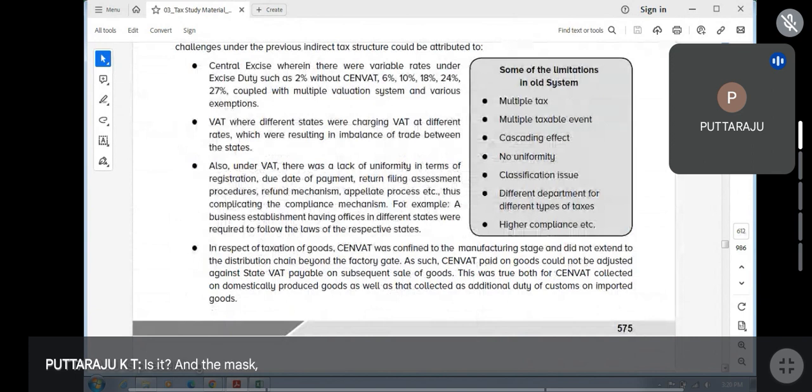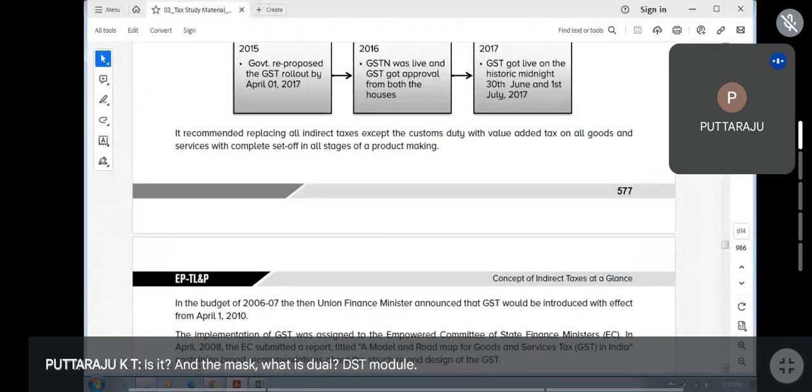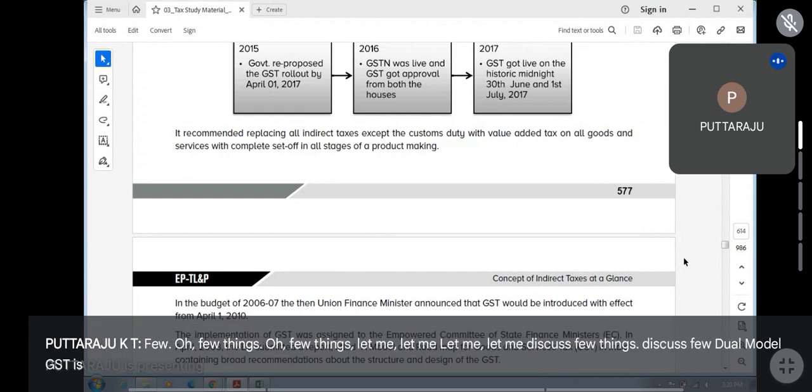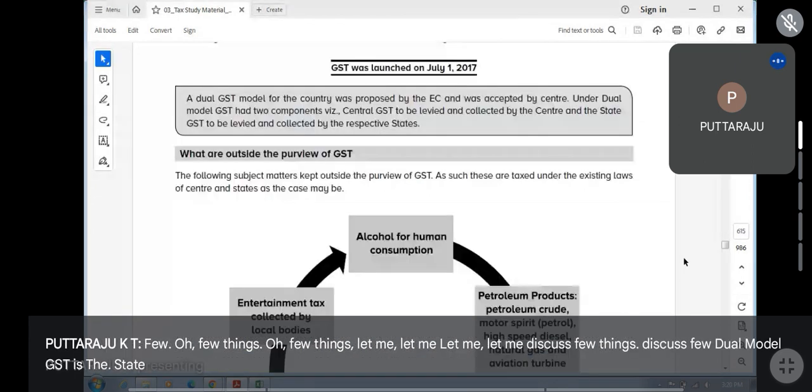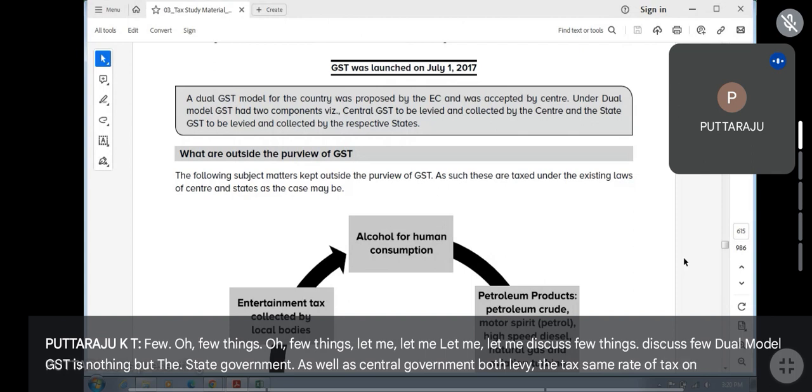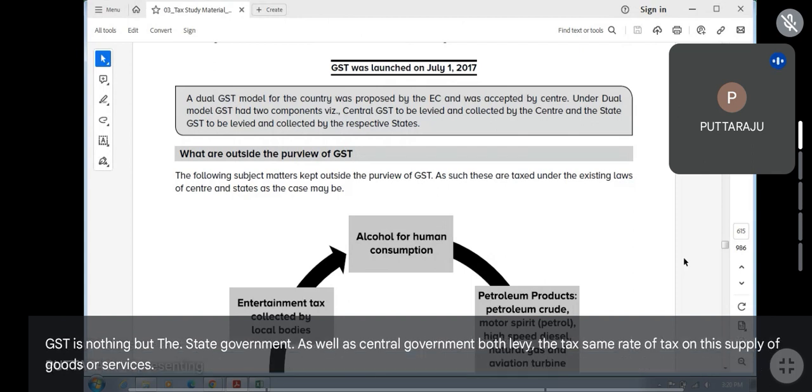They may ask what is the dual GST model, and a few things. Let me discuss a few things. Dual model GST is nothing but the state government as well as the central government both levy tax, at the same rate, on the supply of goods or services. That is called the dual model.